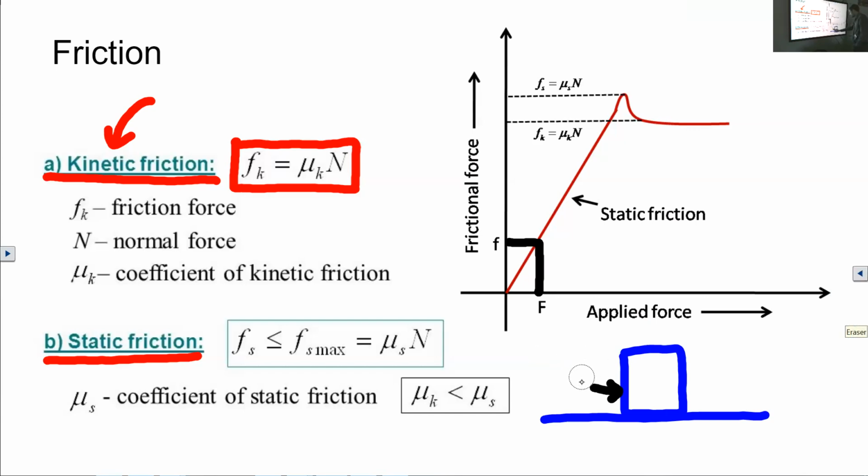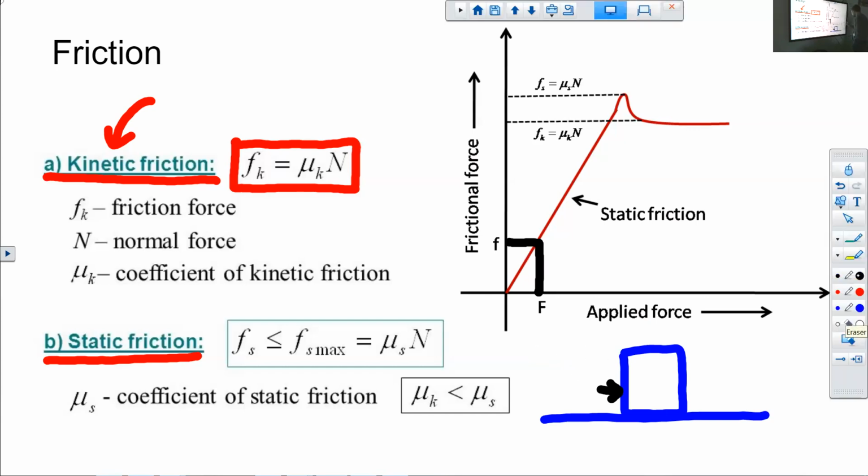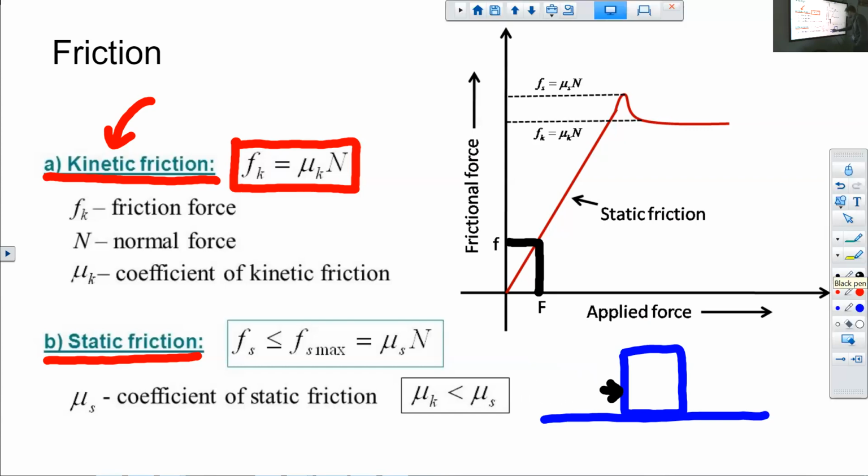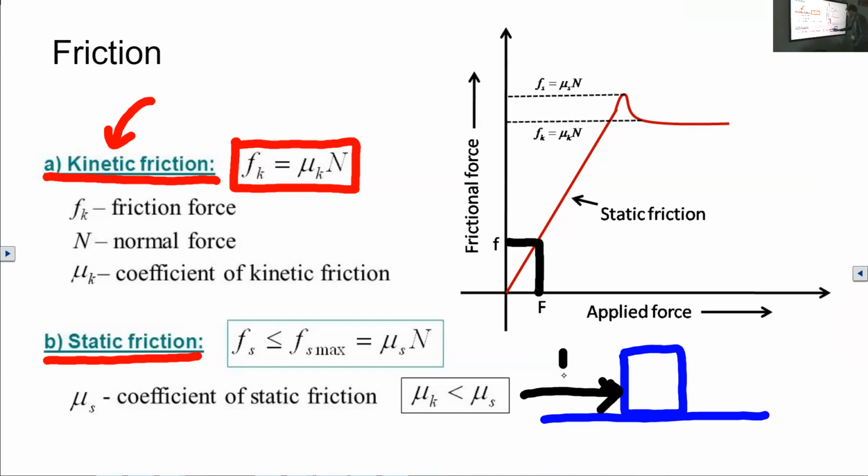So let's up the ante. Let's push really, really big. Let's push with a really, really strong force. Something like here. That means we're pushing with the maximum amount of force that static friction can withstand.